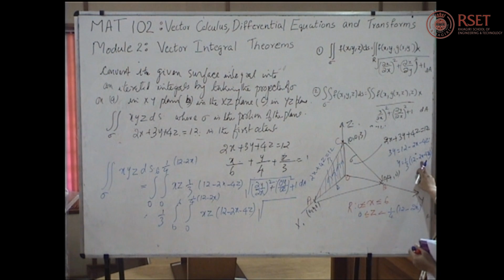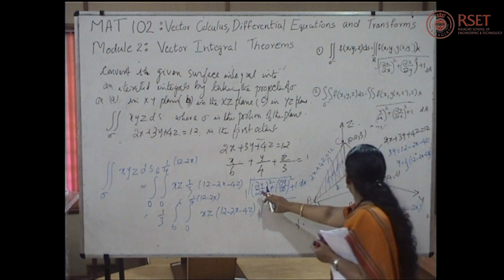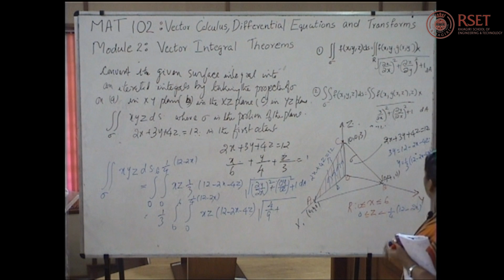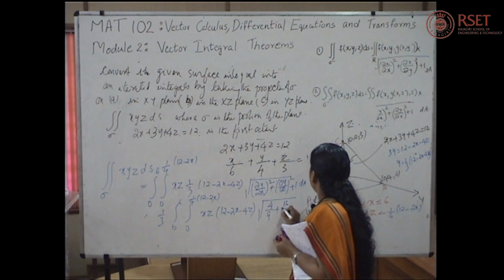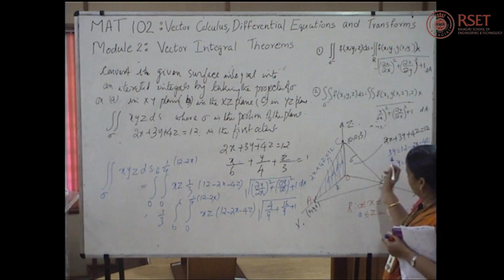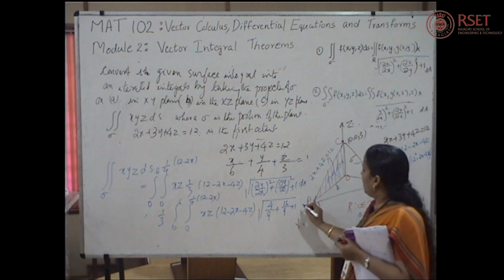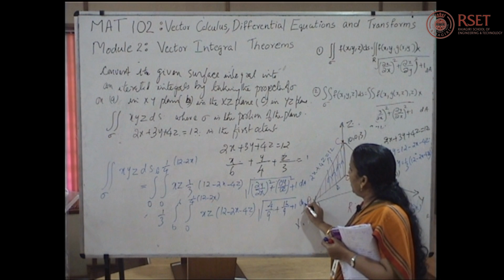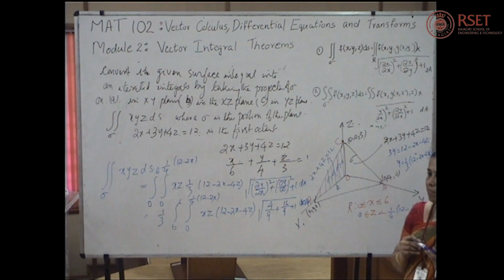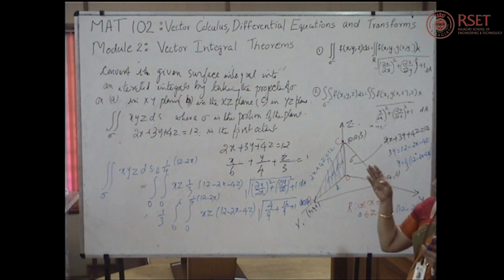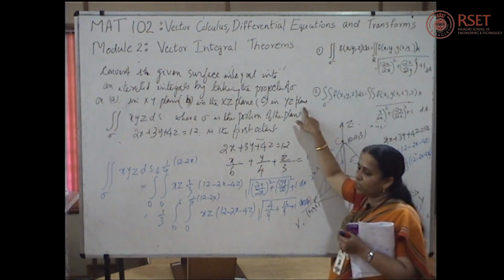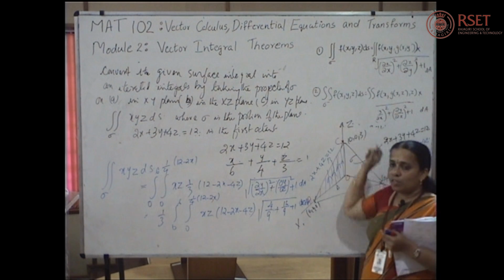Dou y by dou x is equal to minus 2 by 3, dou y by dou x whole square is 4 divided by 9, plus dou y by dou z is equal to minus 4 by 3, so 16 by 9, plus 1 dA, where since the projection was taken to the xz plane, dA is equal to dz dx. Order of integration is first with respect to z, then with respect to x. Similarly, the same expression can be converted into an integral if we take the projection of the surface to the yz plane using the formula 3.